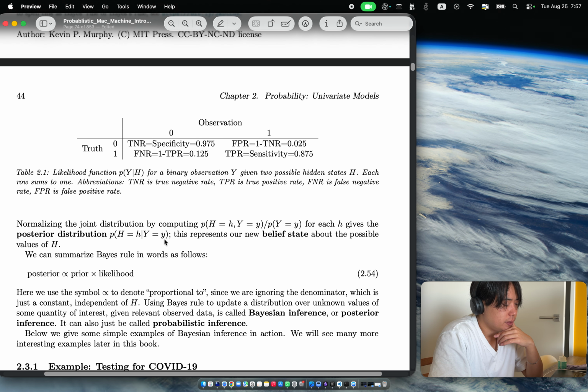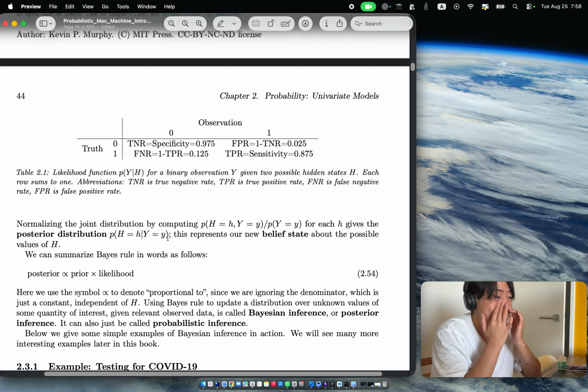And the probability of H given Y is the posterior distribution, because it represents a new belief state about possible values of H. So this hidden state is now described conditioned by the observation Y, which means that it now has a contribution from the observed values.